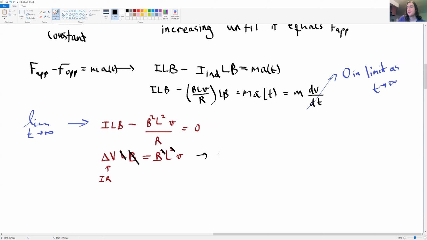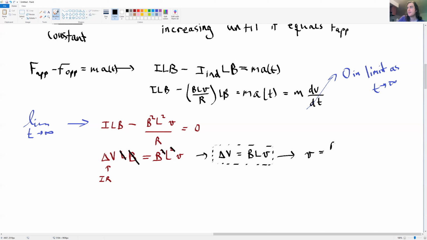And what we see, surprisingly, maybe it's a surprise, I think it's a surprise, is that the velocity is going to be given by the equation delta V equals BLV. It's almost like we just went through this challenge problem to figure out something that maybe should have been obvious, that the velocity is going to be given by the applied potential difference and the magnetic field that's already there. So a complicated process to get a simple answer.